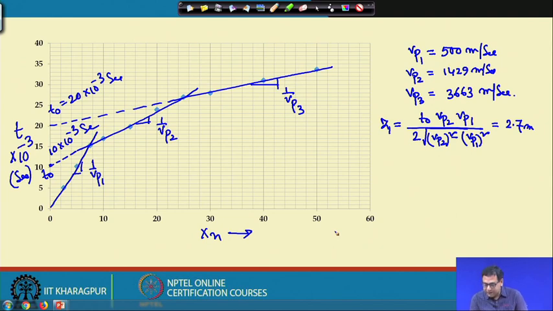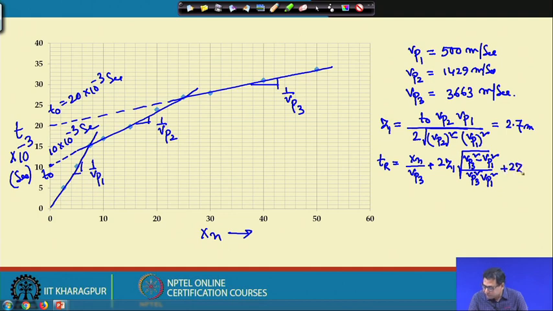Similarly, we can get z 2 also. I have just given the expression of T r in terms of z 2, which is x n by V p 3 plus 2 z 1 root over V p 3 square minus V p 1 square divided by V p 3 V p 1, plus 2 z 2 into root over 1 by V p 2 square minus 1 by V p 3 square.